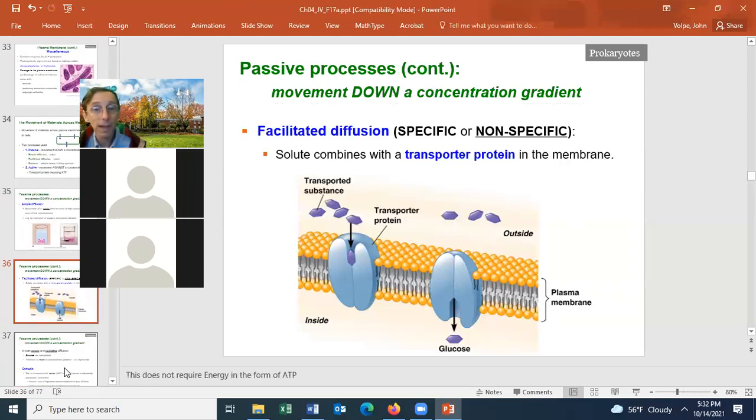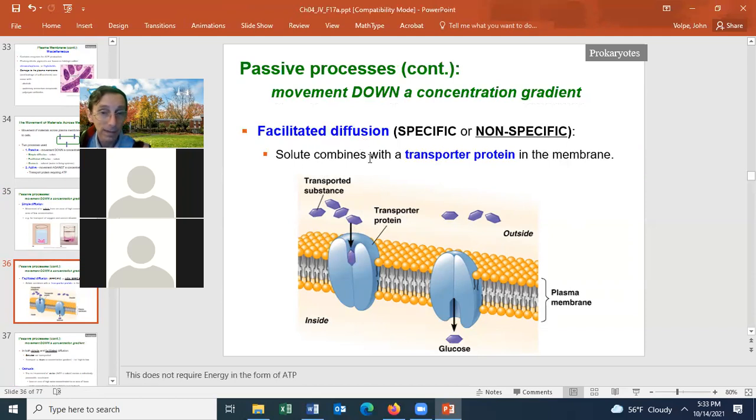Facilitated diffusion happens when a molecule moves down a concentration gradient. So it's higher outside the cell and then moves into the cell where the concentration gradient is less. If it's moving through a channel protein, that is facilitated diffusion.